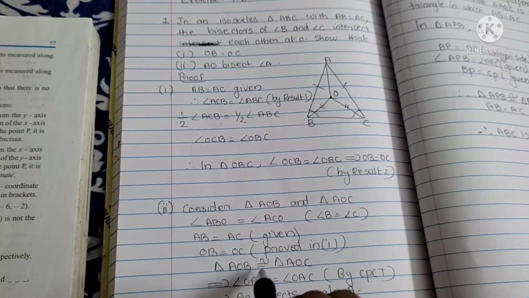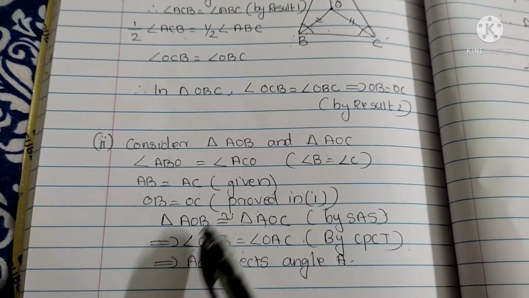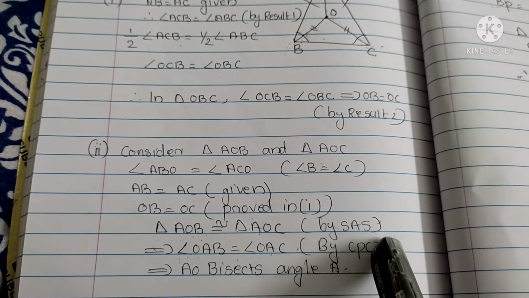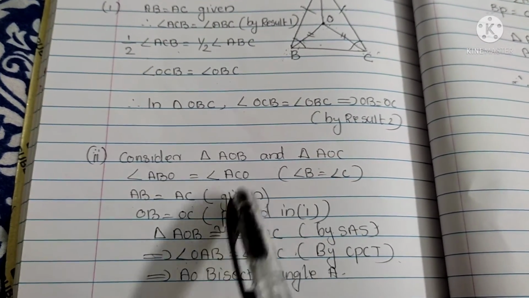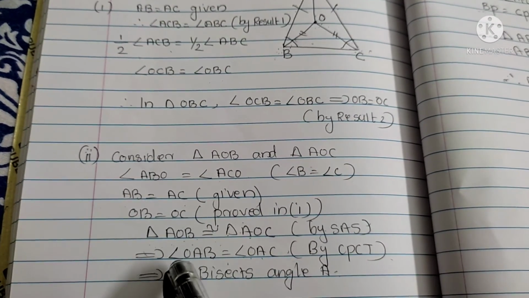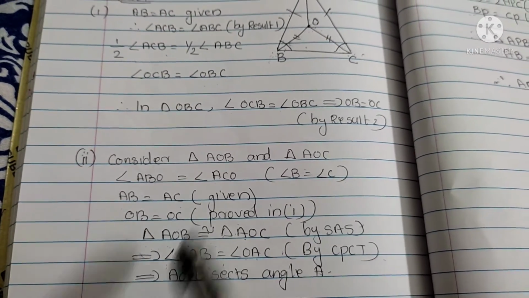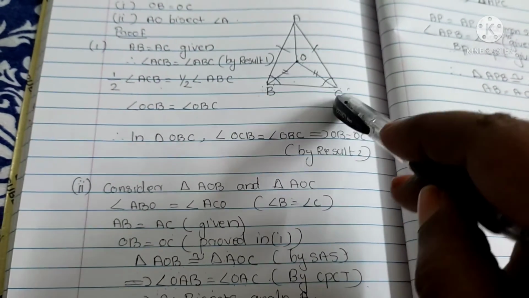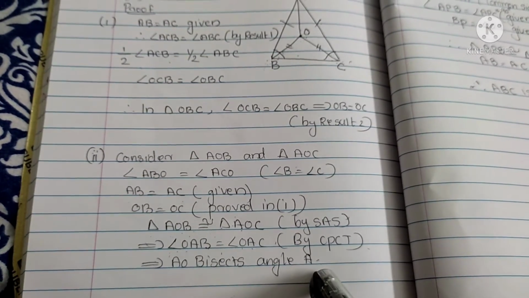Triangle AOB is congruent to triangle AOC by SAS, that is, two sides and the included angle are equal. Then by CPCT, angle OAB is equal to angle OAC. That is, AO bisects angle A.